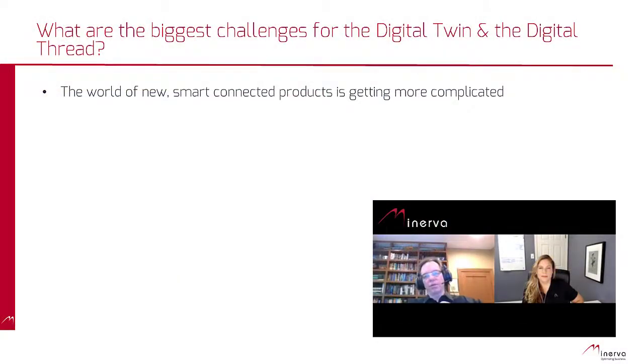And I'm very optimistic, because I don't think anyone that is going to try to not be open about how they communicate with data is going to last very long, because the world of new smart connected products is just getting way too complicated.